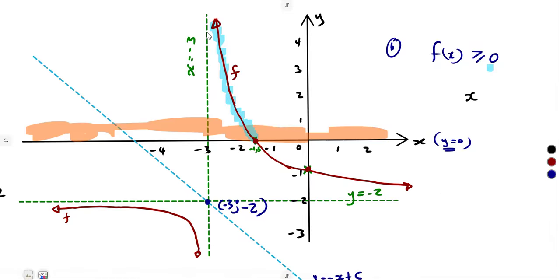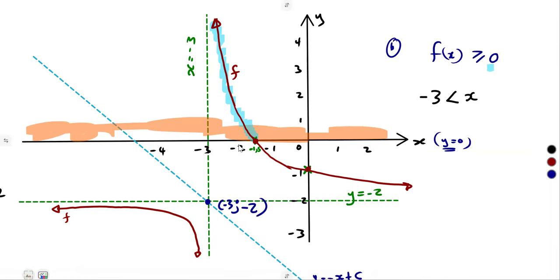What is the region? Remember, x cannot be equal to minus 3, as minus 3 is an asymptote. So x must be greater than minus 3. Even though there's an equal to on your question, x cannot be equal to minus 3. That's an asymptote.